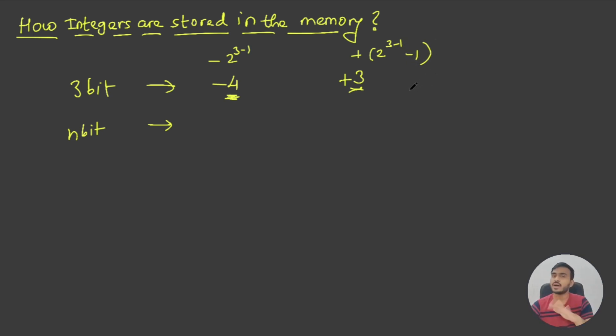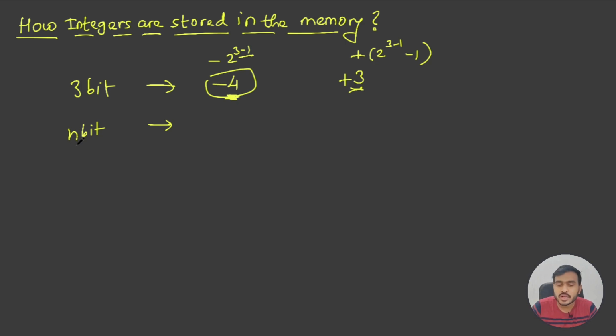Just try to get the values for these expressions. 3 - 1 is 2, so 2^2 is 4, and with the minus sign it is -4. For the other, 3 - 1 is 2, 2^2 is 4, 4 - 1 is 3, and you have a plus sign in front of it, so it is +3.